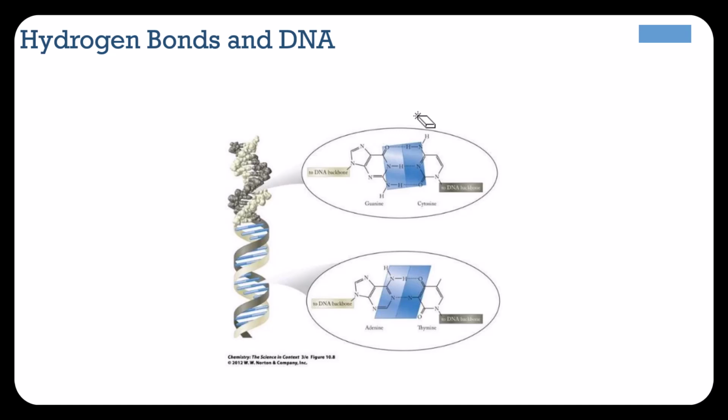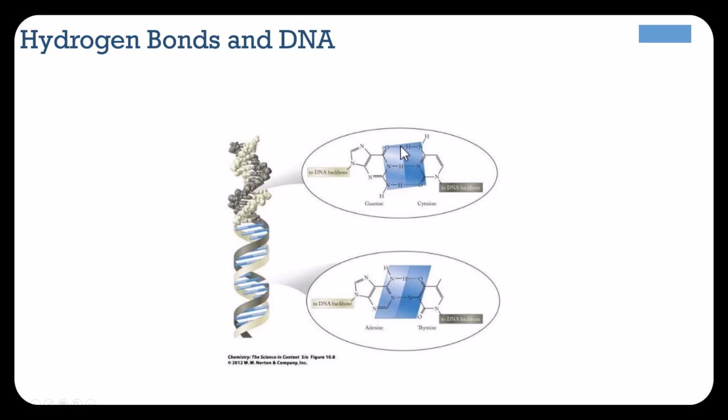There's these very specific pairs that get made as these two phosphate backbones come together. The reason that those base pairs are complementary to one another is it maximizes the number of hydrogen bonds. So what holds these two phosphate backbones together is a series of hydrogen bonds.